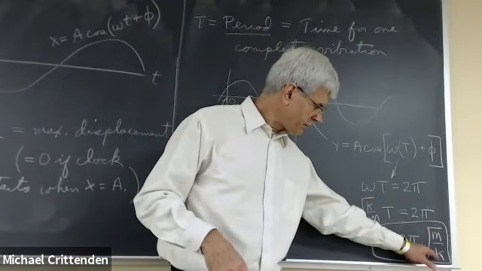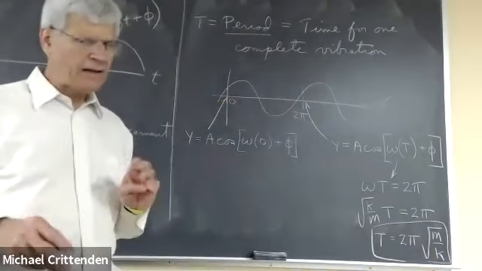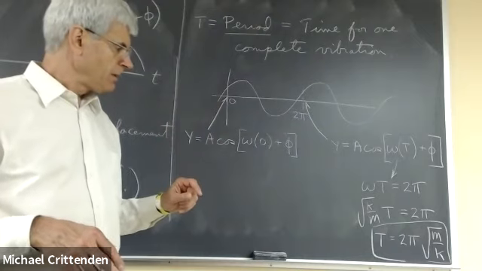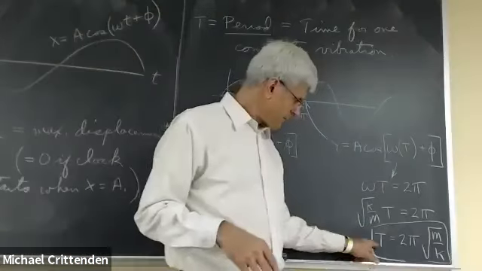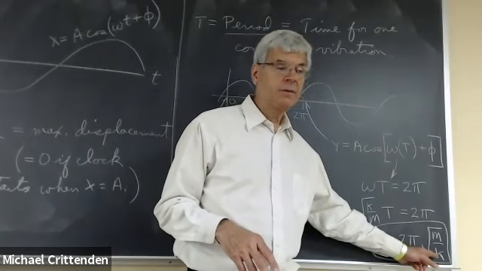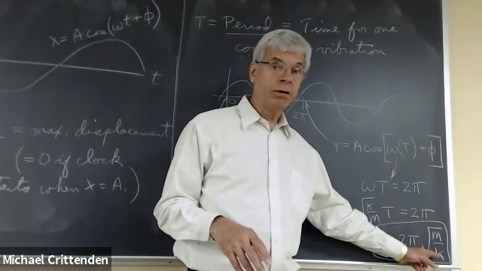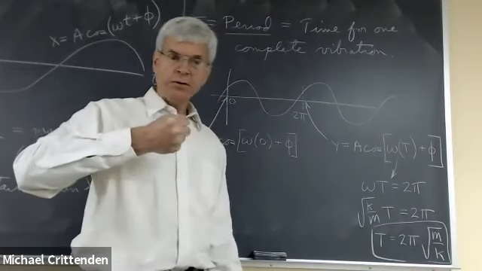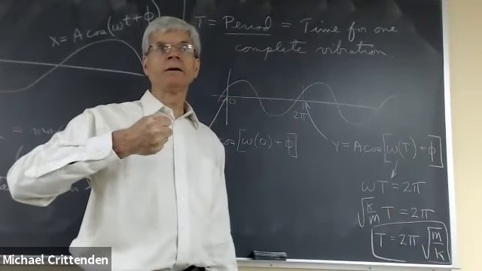You've got an inverse relationship. It's not exactly an inverse proportion because there's a square root in there, but it's still an inverse type of relationship between the period and the spring constant. A bigger spring constant means a spring that pulls harder. So it's going to get the mass going quicker because it's pulling harder.